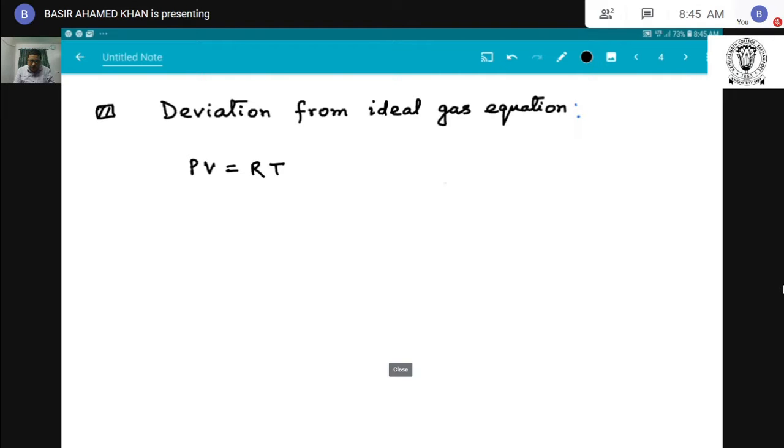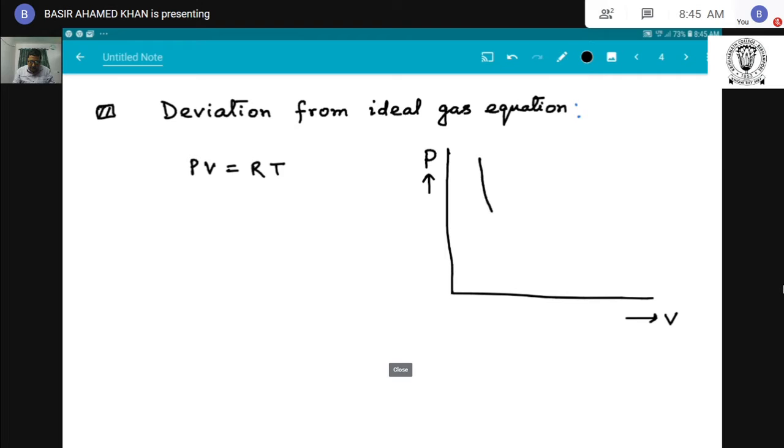Here, if we plot this equation, here is pressure P and volume V, then we get this type of curve. Suppose this is T1 and this is T2.